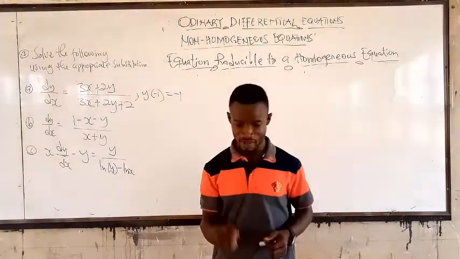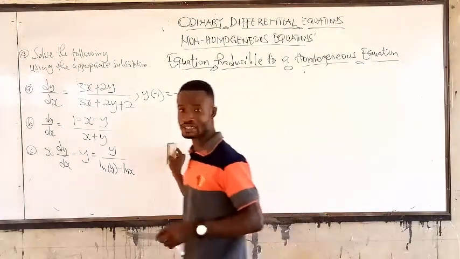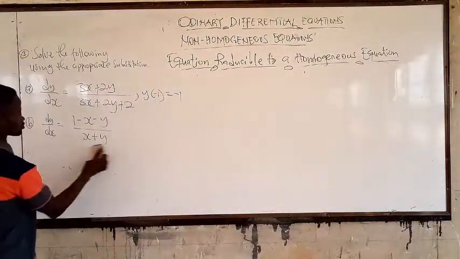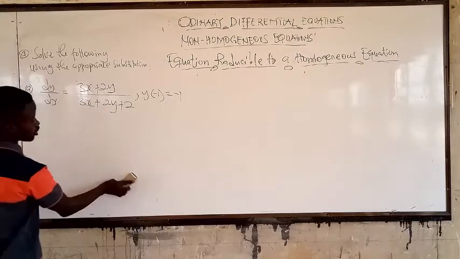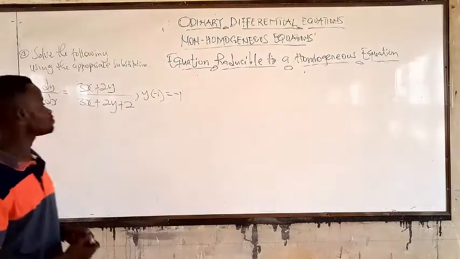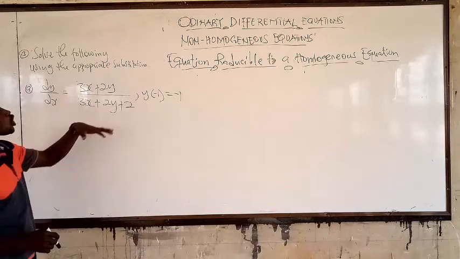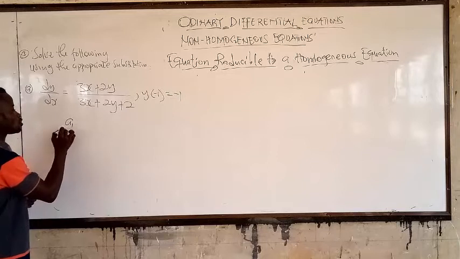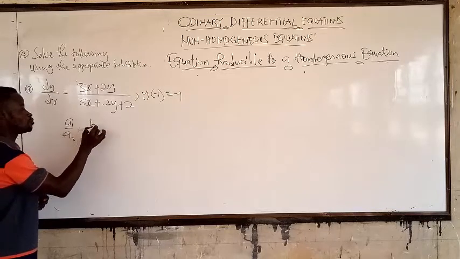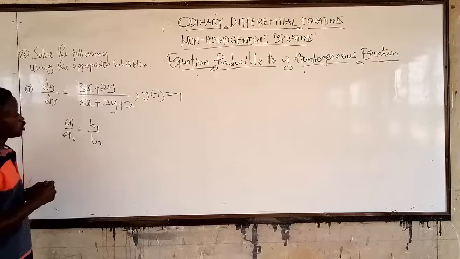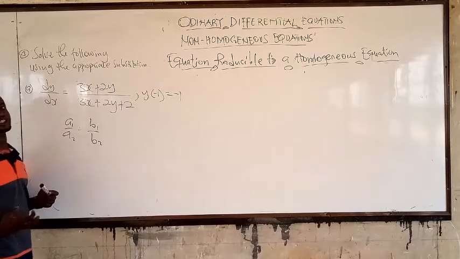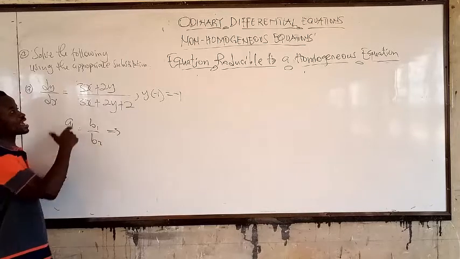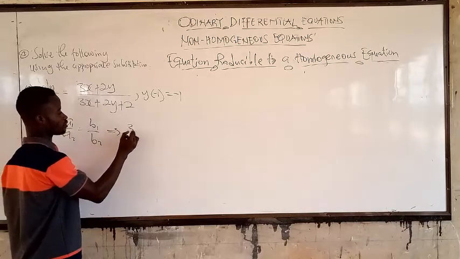So let's start with the first one. We know that this is not homogeneous, but let's check something: whether A1 over A2 is equal to B1 over B2. So A1 is the coefficient of the x on top, which is 3.